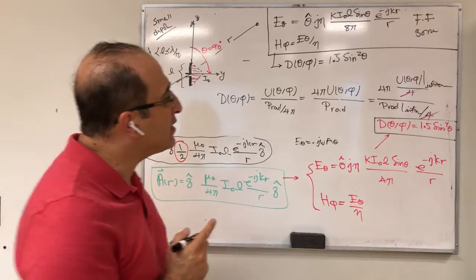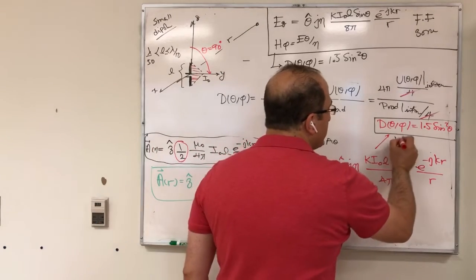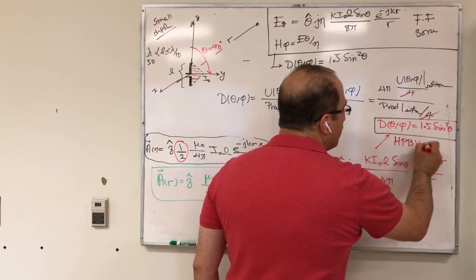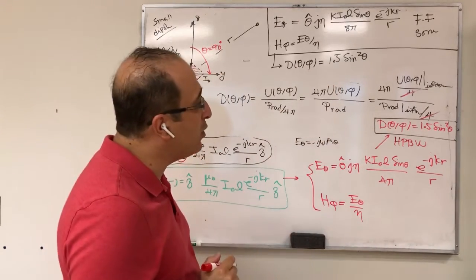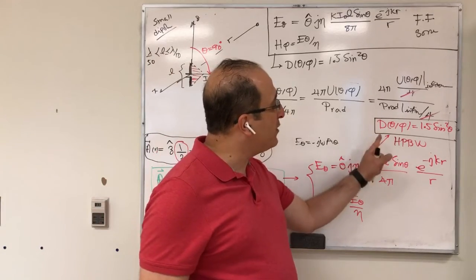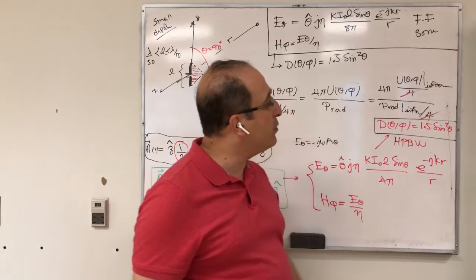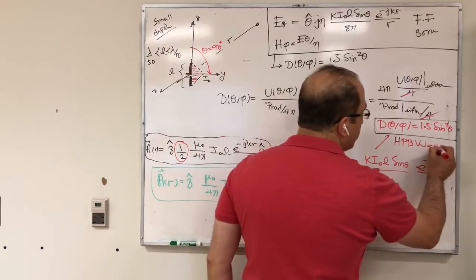And if you remember, we also derived half power beamwidths of this antenna. We equate directivity to half of its maximum, which is half of 1.5, and it became 90 degrees.